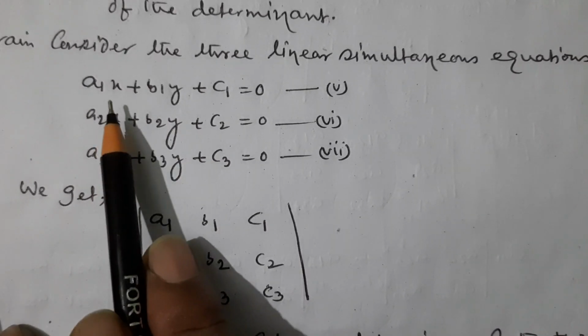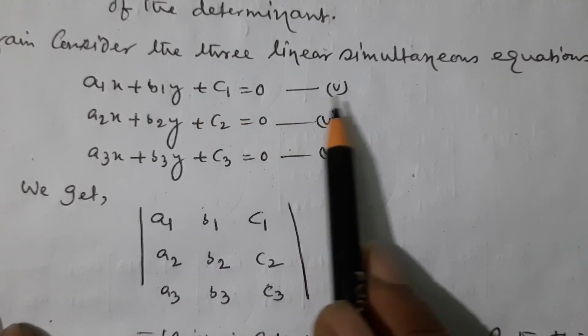We just write the coefficients of x, y and the constant of equation 5.